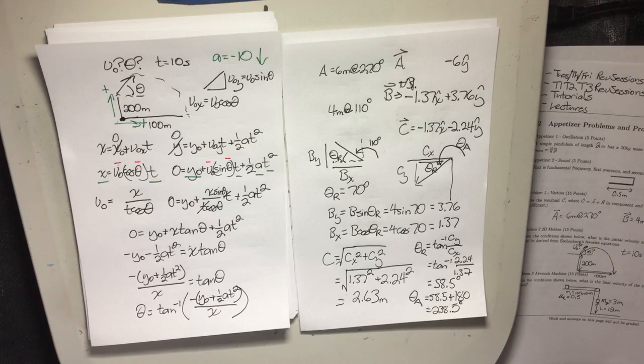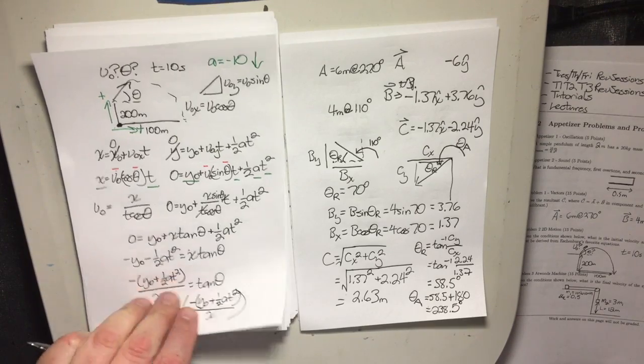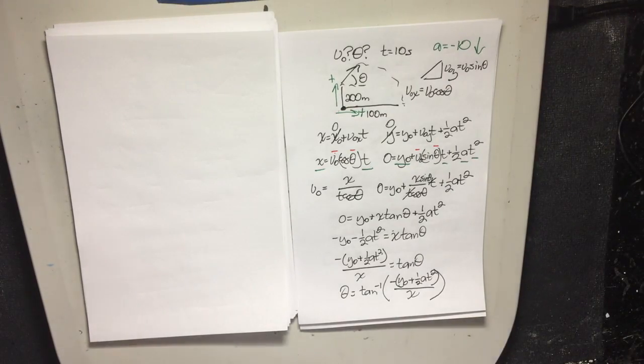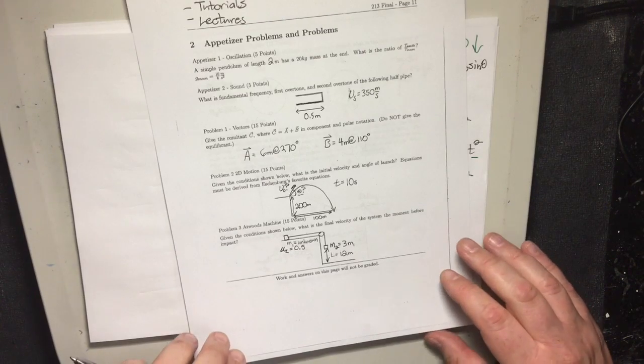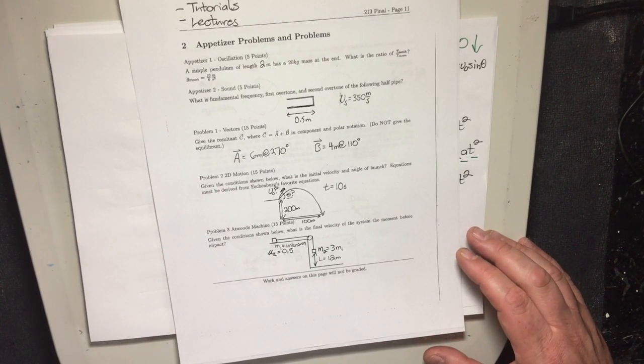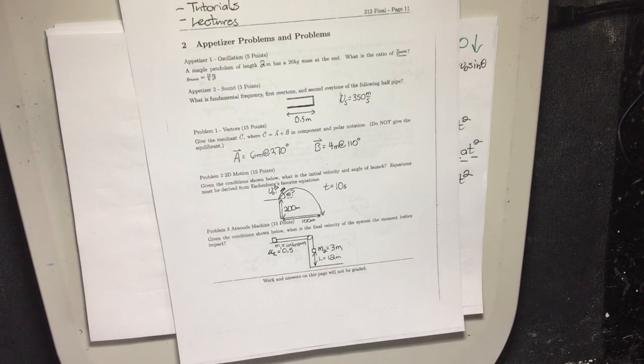Last problem before we break. Given the conditions shown below, what is the final velocity of the system the moment before impact? It is purposefully not given to you how I want you to solve this.